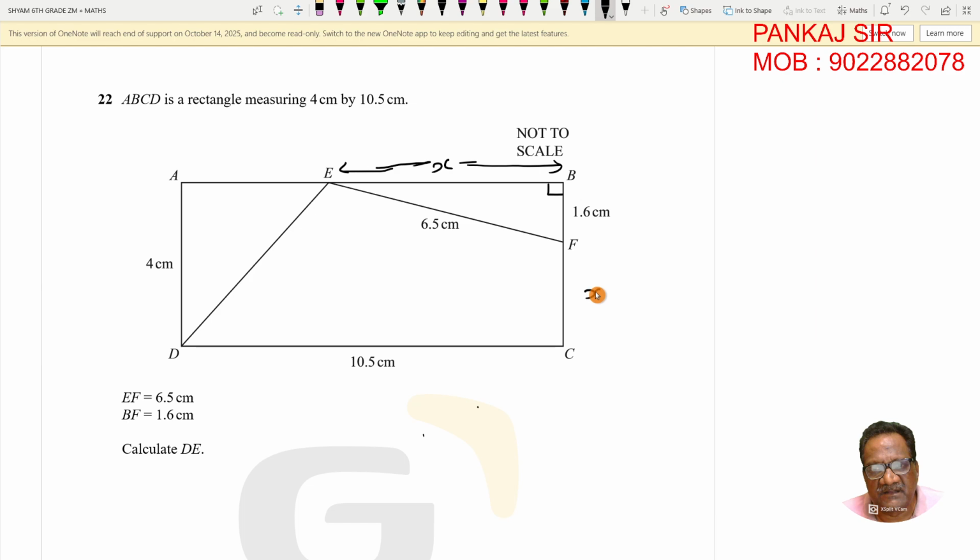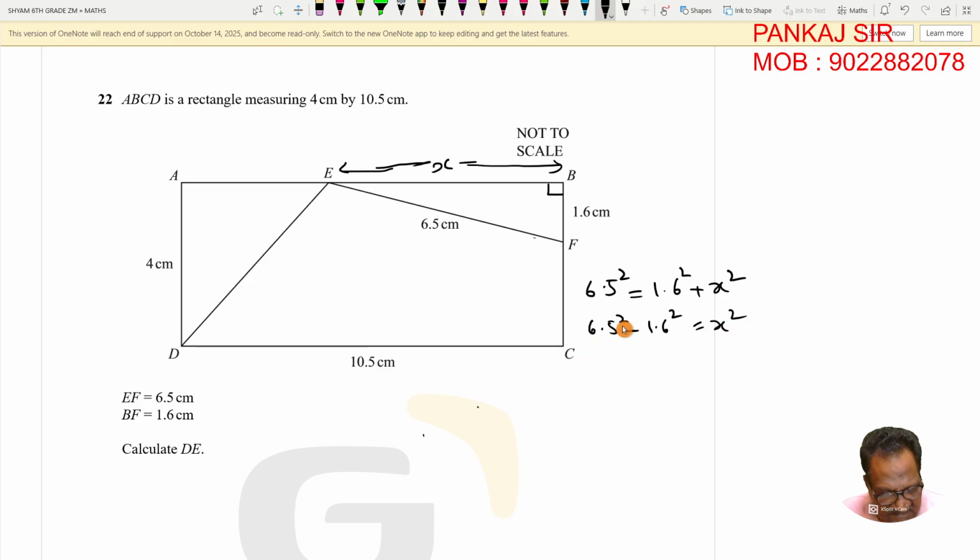Applying Pythagoras theorem, 6.5 squared, the hypotenuse square, will be equal to the sum of the other two squares. So 1.6 square plus X square, right? So if I take this over here, 6.5 squared minus 1.6 squared will be equal to X squared, right?